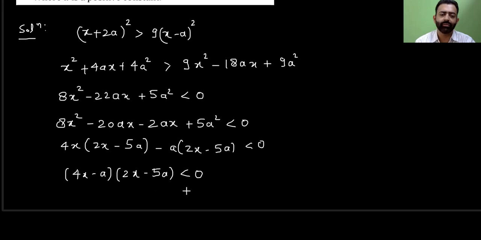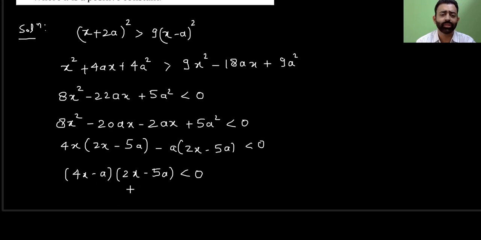Again, I have an inequality which is less than 0 and the coefficient of x in both the linear factors is positive. For satisfying the condition, the coefficient of x should be positive, and if it is positive, the solution will lie between the roots for less than 0, and for greater than 0, the solution is outside the roots, right?